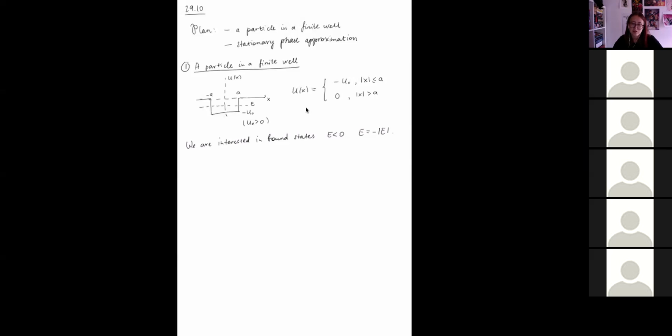And we are not interested in the plane waves, we're just interested in the bound states which are normalizable. So maybe I'll just note here that for E bigger than 0, the solutions are plane waves.